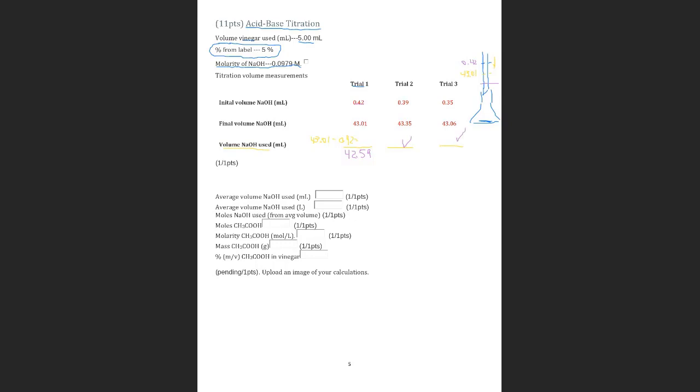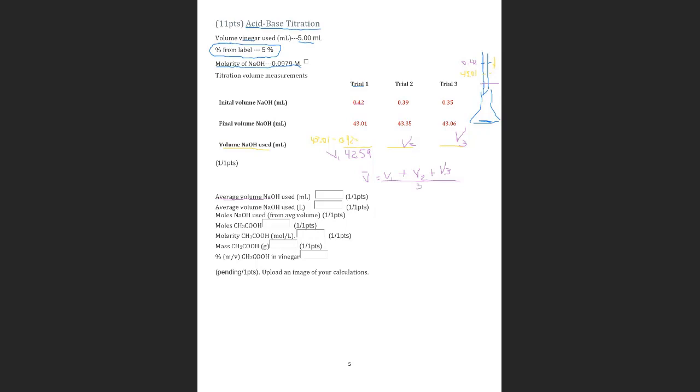And then they ask you, what is the average volume? How do you do the average volume? This is V1. The average volume is going to be volume 1 plus volume 2 plus volume 3, divided by 3.